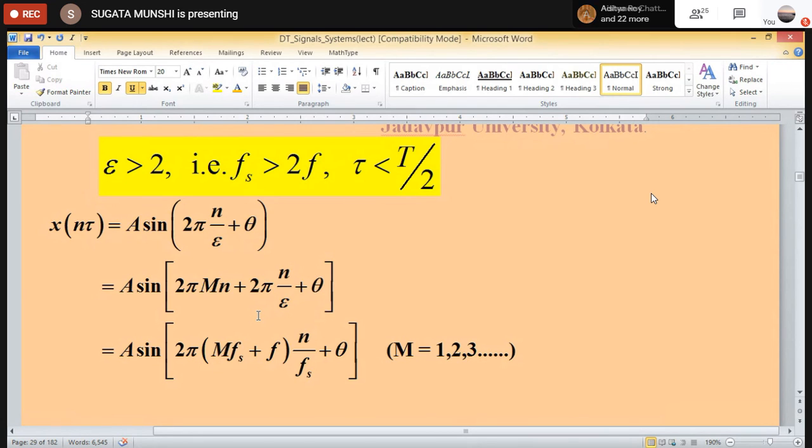There can be still other types of higher frequencies also, but no low frequency sinusoid. No sinusoid having frequency that is less than f. So after you write down this, I'll complete for today.